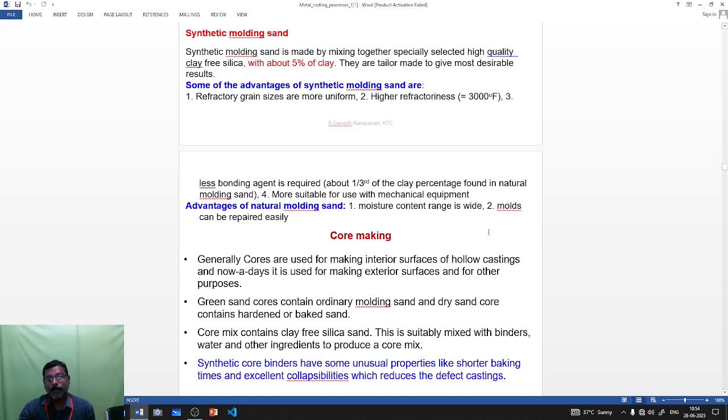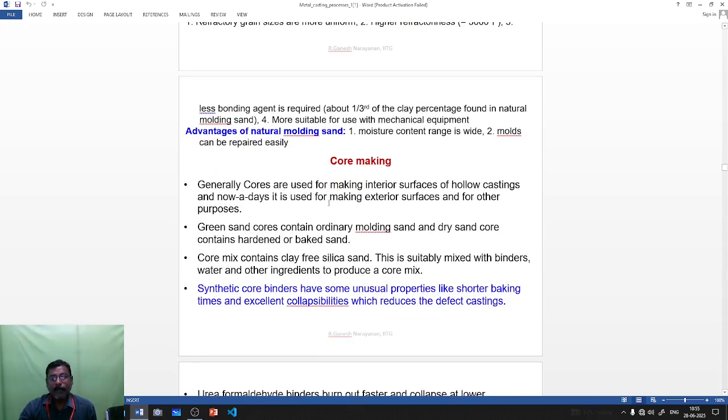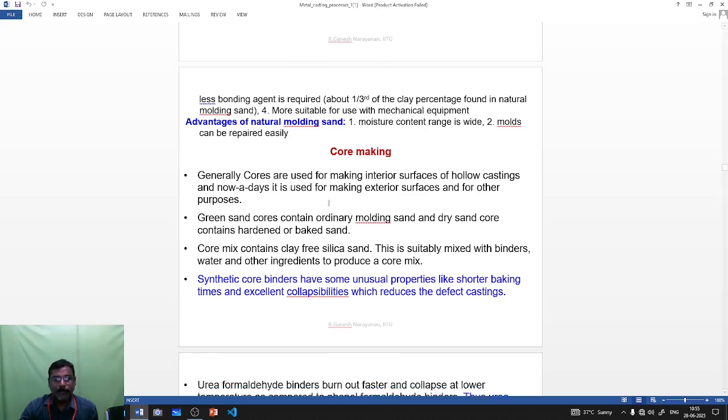Generally cores are used for making interior surfaces of hollow castings, and nowadays they are also used for making exterior surfaces and other purposes. Green sand cores contain ordinary molding sand, and dry sand cores contain hardeners, binders, etc. Core mix contains clay free silica sand with a suitable mixture of binding materials such as water, and in the latest processes where resins are used.